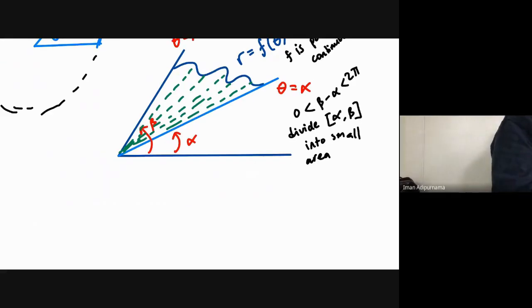And if we approach one of the small pieces here, maybe this one, okay, we can have some small angle here. Let's say we have the delta theta.